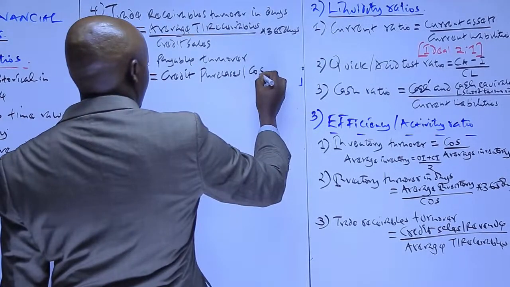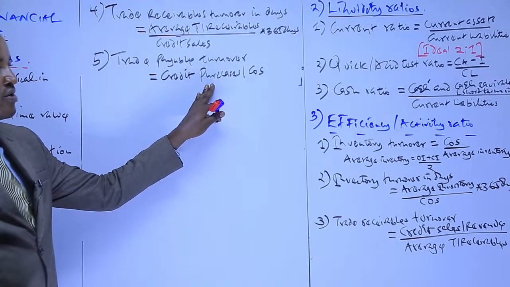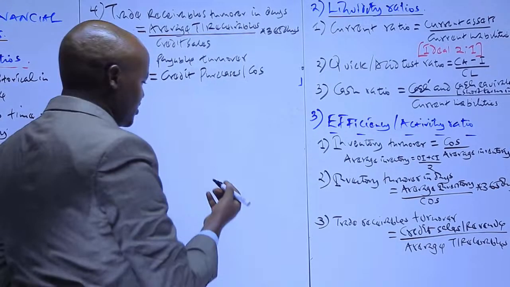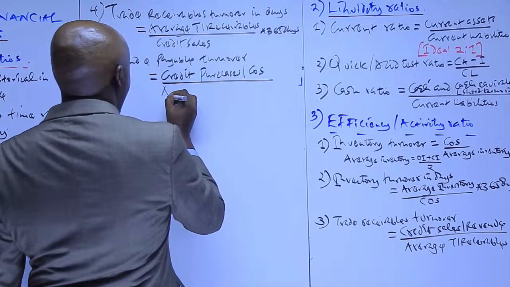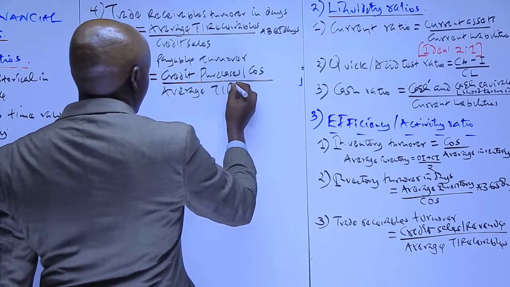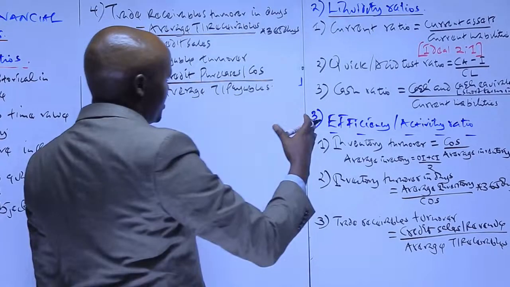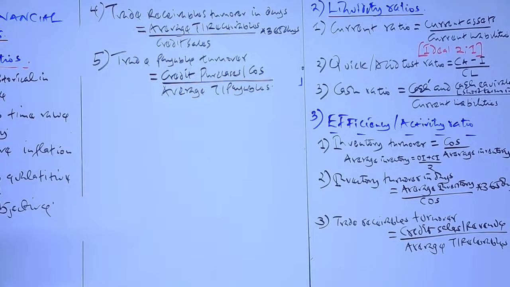In most of the questions, the examiner will not have given you the credit purchases. So instead, we use the cost of sales, and then divide that with the average trade payables. And anytime you see average, to compute the average, you take the opening balance plus the closing, divided by 2.